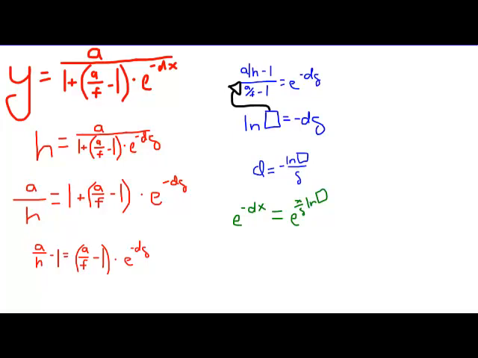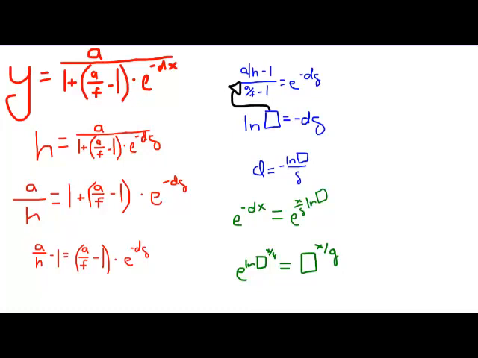We know what to do with the coefficient of a logarithm. So this becomes the ln of a over h minus 1 over a over f minus 1, raised to the x over g. Of course, e is going to be raised to this, and again, we know that e to the ln of something equals the something.